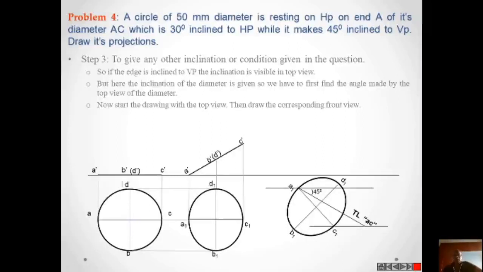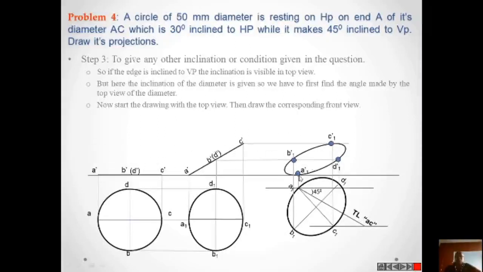So next, drop the projections and drop the locus lines, identify the intersection points. Now you will see why we need more number of points.